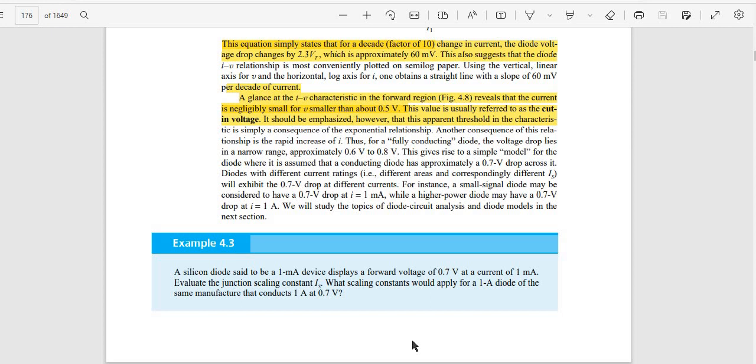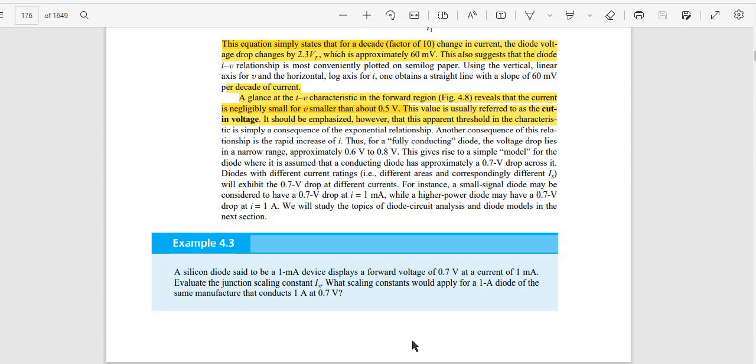A glance at the current-voltage characteristic in the forward region, figure 4.8, reveals that the current is negligibly small for voltages smaller than about 0.5 volt. This value is usually referred to as the cut-in voltage. It should be emphasized, however, that this apparent threshold in the characteristic is simply a consequence of the exponential relationship.